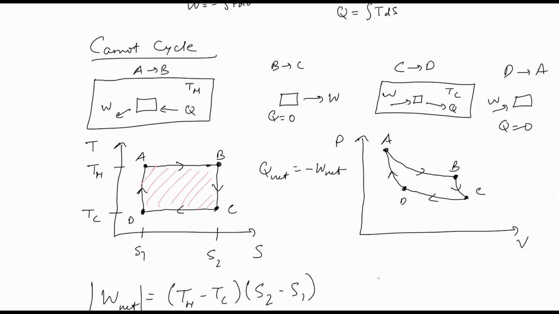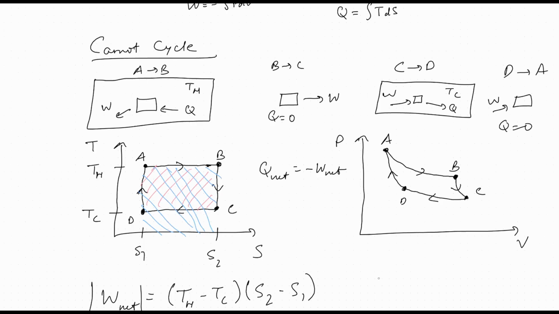And so if we were to actually look at the heat, that's the area under this top line from going from A to B. And so the area of that rectangle, which we typically denote as QH, is equal to TH, which is the height, times S2 minus S1. Height times width again. Correct?